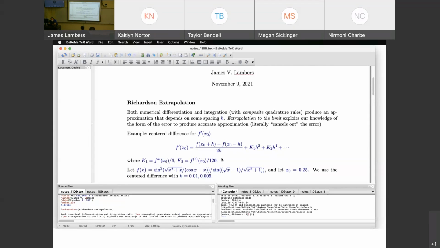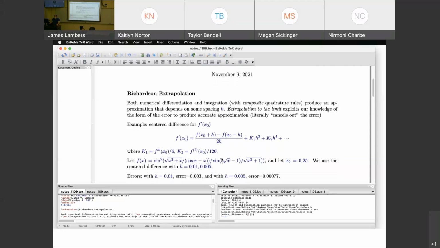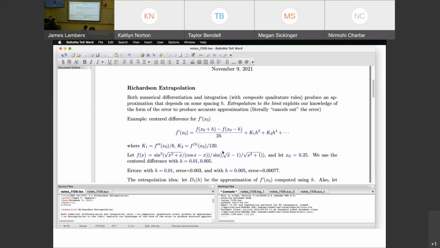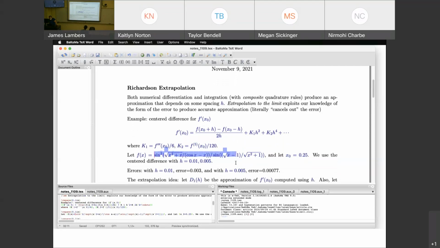Okay, now, as an example of how we can get a very accurate approximation of a derivative with little work, I've made up this function here, something that's pretty nasty, something that would be very tedious to get the derivative of using analytical means, such as product rule, quotient rule, chain rule. And we're working at x naught is 0.25.